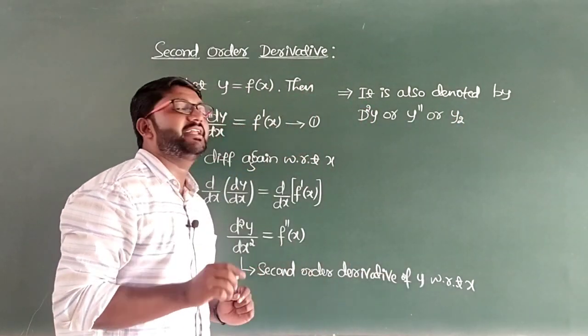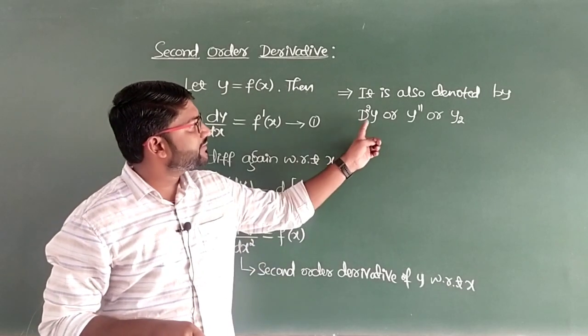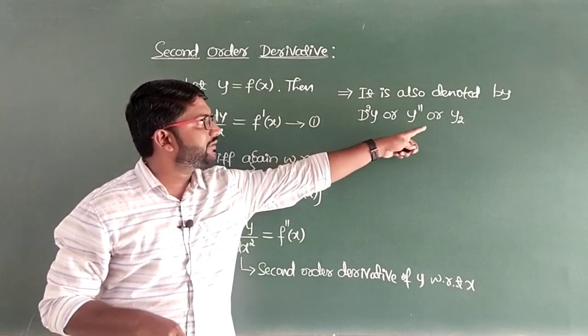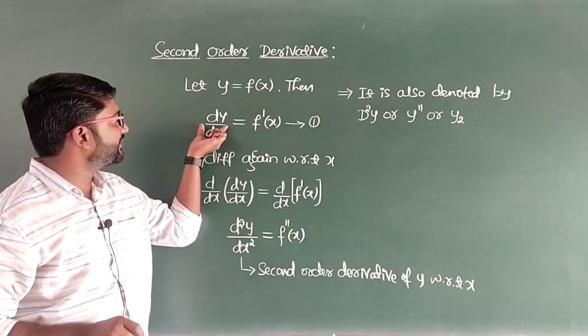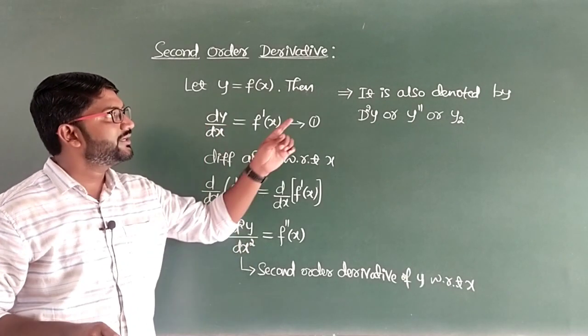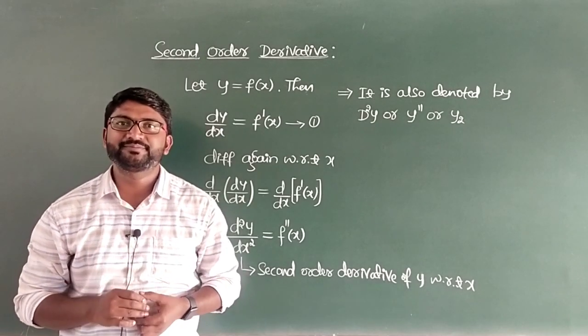The second order derivative of y with respect to x can also be denoted as d square y or y double dash or y2. y2 means d square y by dx square, y1 means dy by dx, so this can also be written as y1. So here d square y by dx square is nothing but y2. So this is the introduction part of the second order derivative.